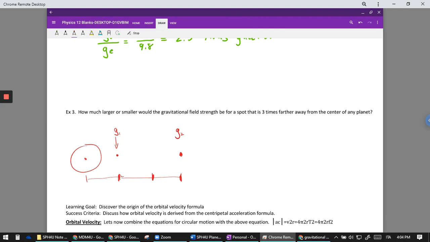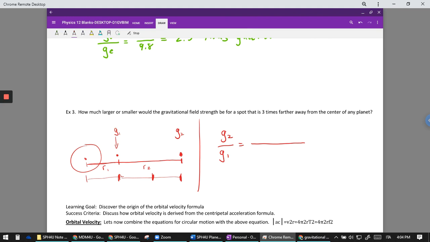Gravitational field strength 1 has a radius, which I'll call R1, and I'll call this one R2. So basically, I want to know how many times larger or smaller G2 would be than G1.